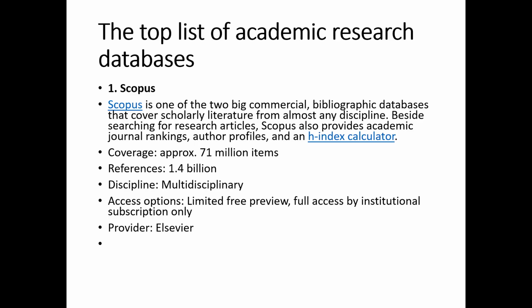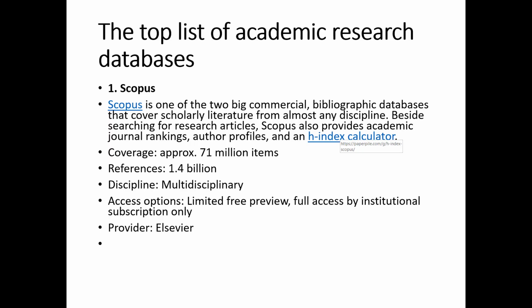That means if you want to access the full article, you should get the institutional subscription. Rajaratnam University has a subscription for Scopus journals. So you can always ask the librarian to get whatever articles you want. Then he or she should be able to download them, because the institution has the subscription, so they can easily provide it. The Scopus provider is Elsevier.